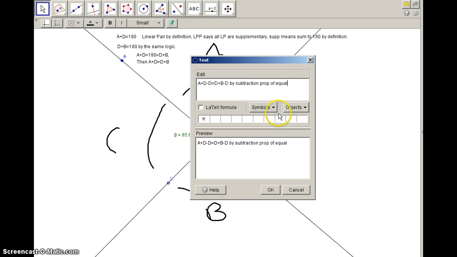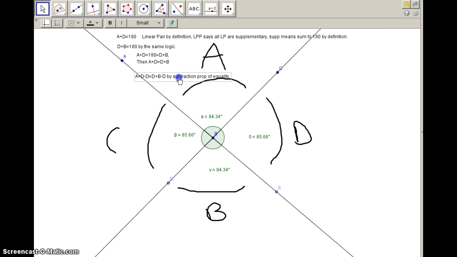If you have something that's equal and then you subtract the same thing from both sides, you still remain equal because you just took away the same thing from both sides. So that's what the subtraction property of equality says. So we make that little statement there, right?